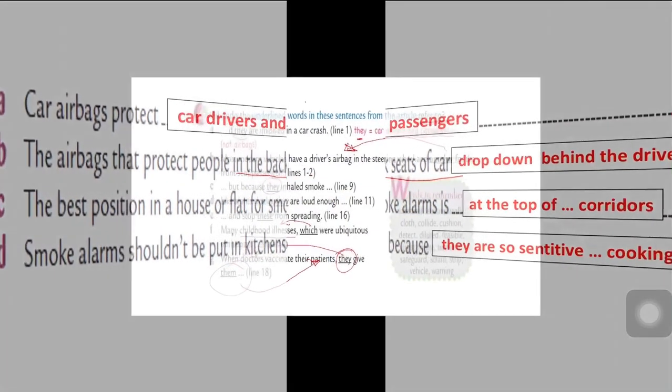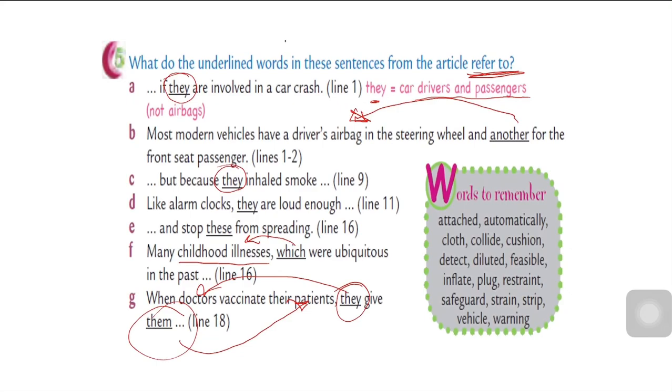All right. Now, finally, we're going to do exercise 5, which is the reference question, or pronouns: what they refer to in the passage. Now here, for example, if we go with example A, if they are involved in a car crash, who?